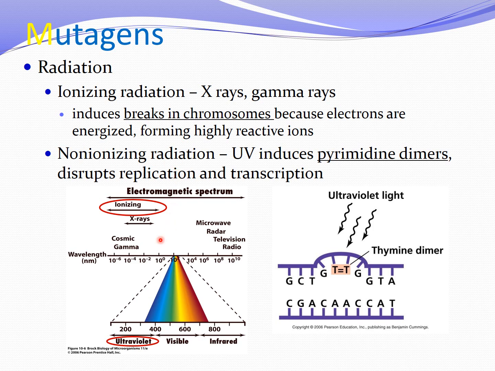Okay, so ionizing radiation includes X-rays, gamma rays. These are the radiation that has very high energy. Okay, because their wavelength is very short. Remember this, you have this inverse relationship between wavelength and energy. So these are the ones that have very high energy, so they can ionize.